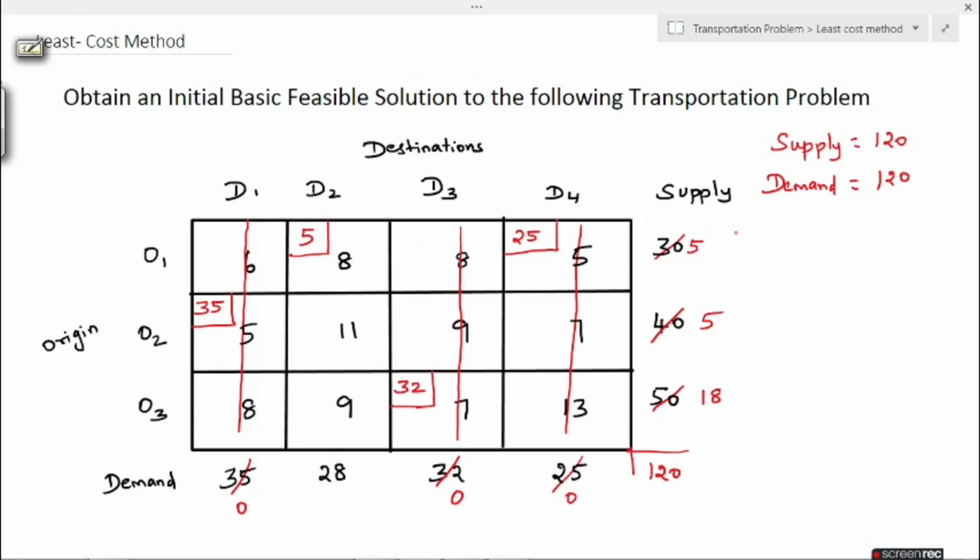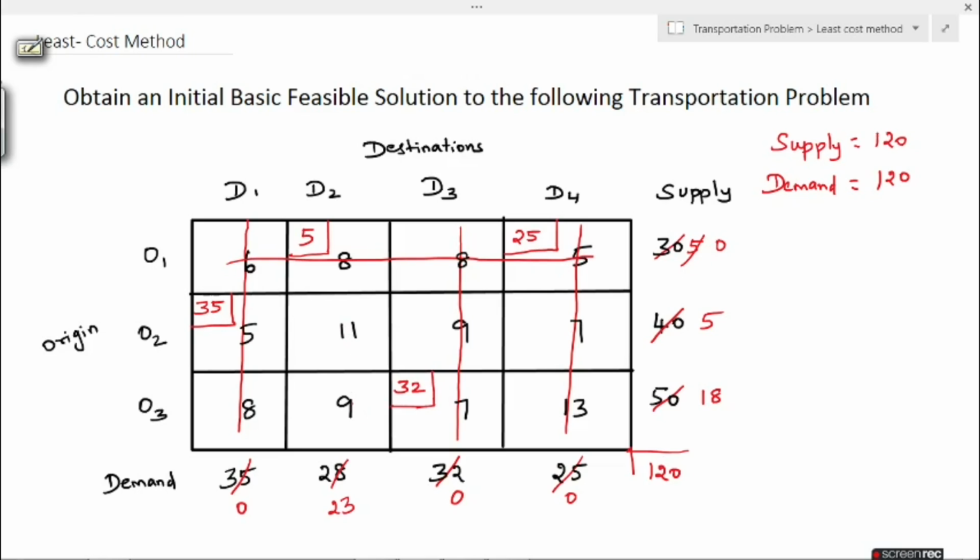After this, subtract using this allocation: 5 minus 5, supply becomes 0, and 28 minus 5, demand becomes 23. This allocation satisfies the supply value because here we have 0. Supply 0 means we cancel that corresponding row.